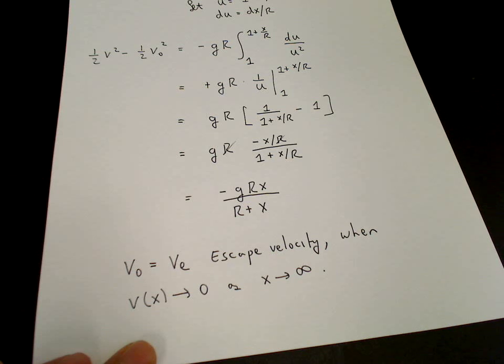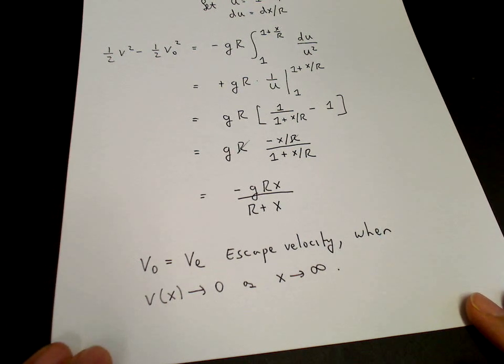If it stopped before x goes to infinity, it would fall back to the surface of the Earth. If it has some non-zero velocity as x goes to infinity, then you've shot it with an initial velocity larger than the escape velocity.